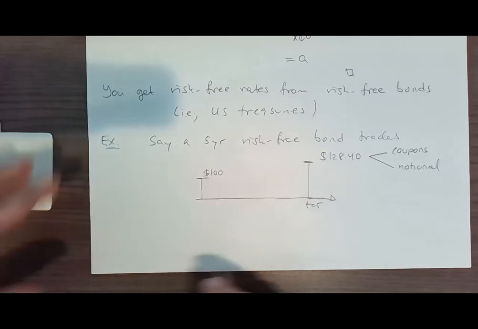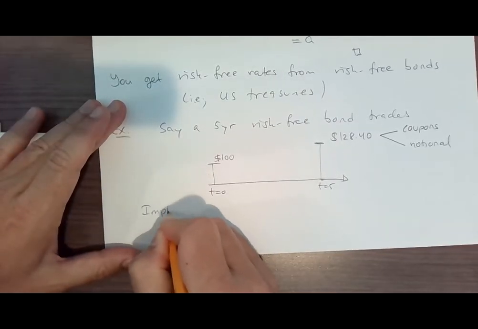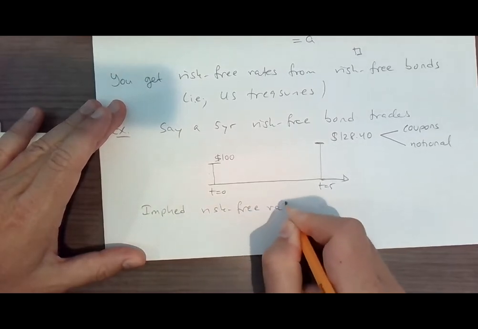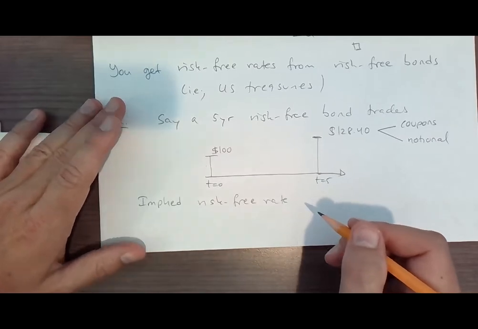So what is the implied risk-free rate? This here is at time 0. And so the implied risk-free rate over that period, 5 years. Well, what is it?